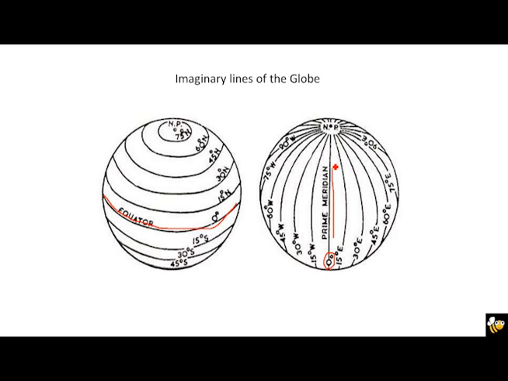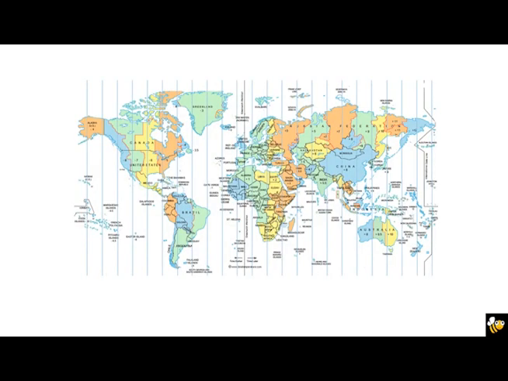Now we have the time zones of the world. There are different time zones in the world. Why? Because of the differentiation of the longitudes.